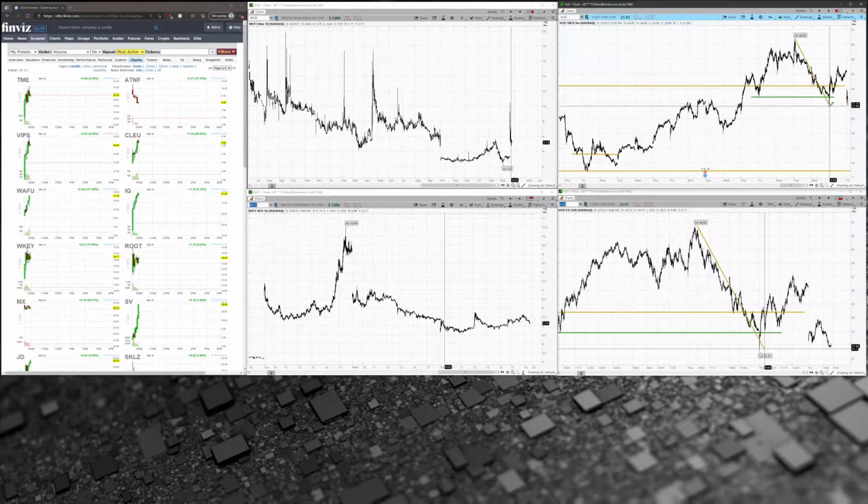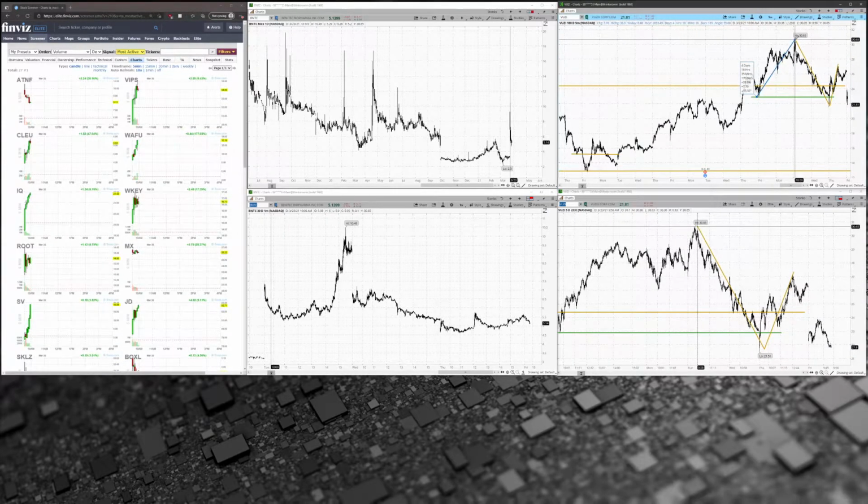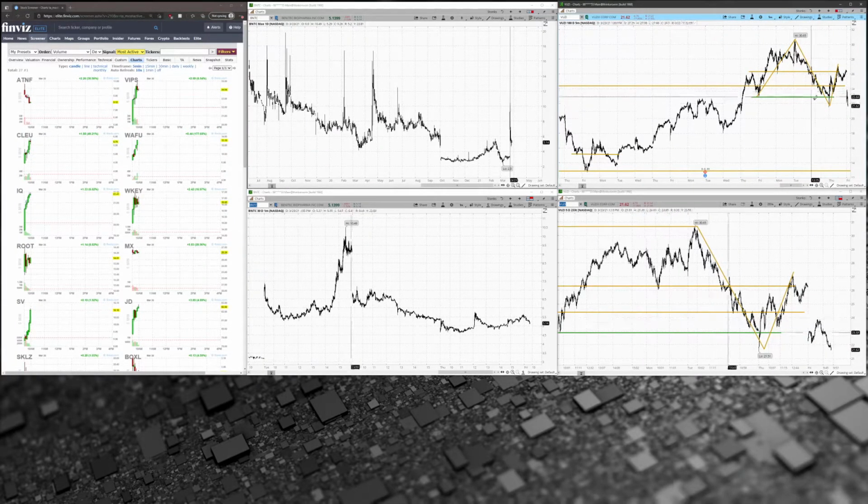So we're retracing here. This is our move up. This is the move on the left. So we've broken the support. Does this activate anything? Yeah, it does. Right there. So that's resistance now. We broke it. Even though we hit this major support, this is our next level of resistance.